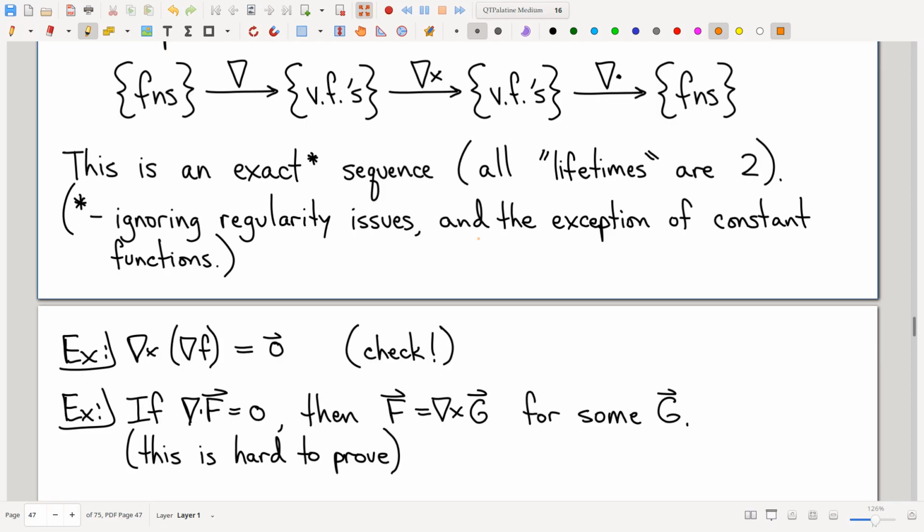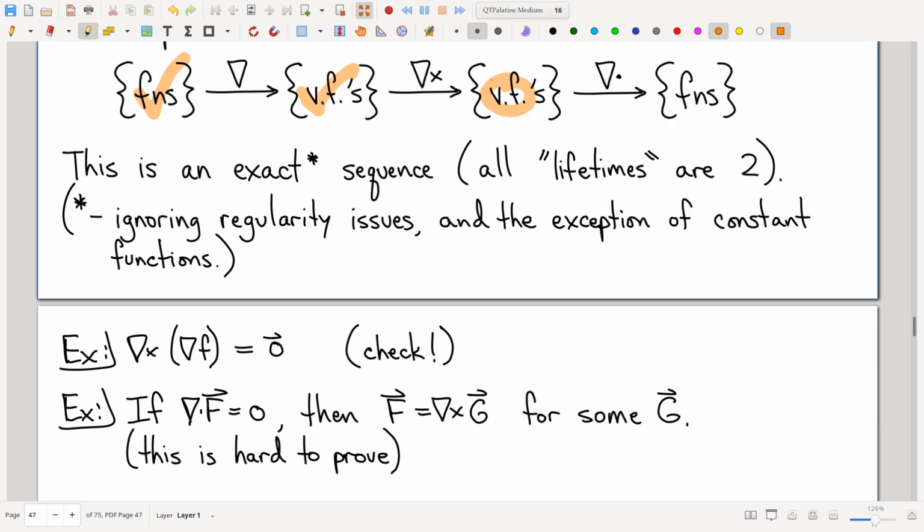And the patterns are pretty great. One of them is what I like to call all lifetimes are 2. The technical term is this is an exact sequence. So what do I mean by lifetimes of 2? Well, if I take a function, if I compute the gradient, I get a vector field. If I compute the curl of that gradient vector field, I will always get 0.